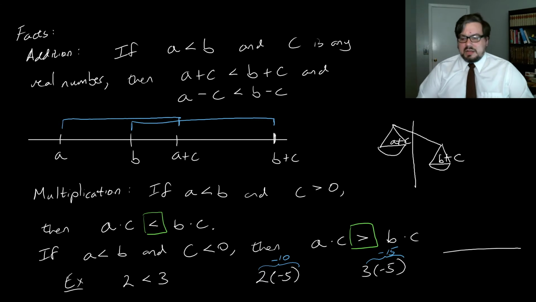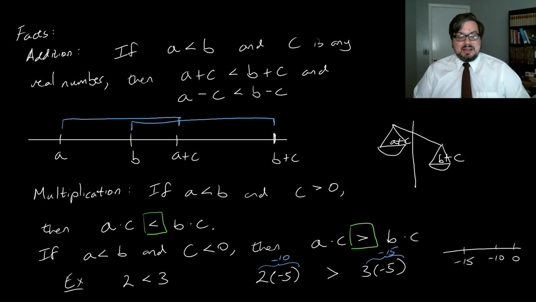And if we look at a number line, 0, -10, -15, we see that -15 is to the left of -10, which means that 3 times -5 is less than 2 times -5.